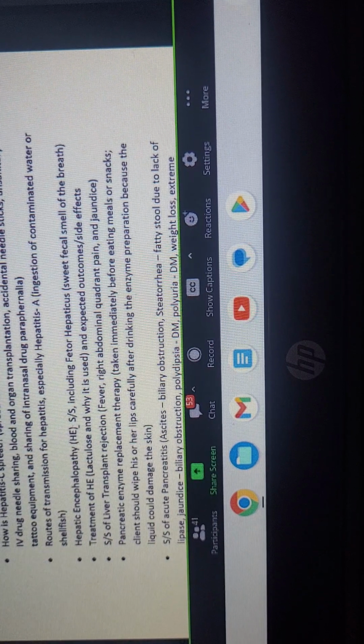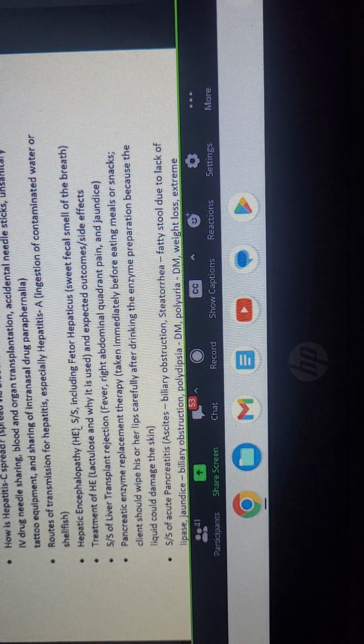Besides you being confused, right? And we have to give you lactulose because the ammonia is built up. But some of the other things, your breath will smell like poo, right? But it's also very sweet. It will have a sweet smell, but also smell like poop as well, right? It's called fetor hepaticus.